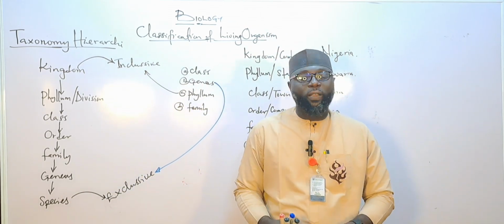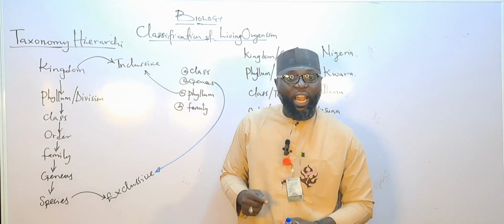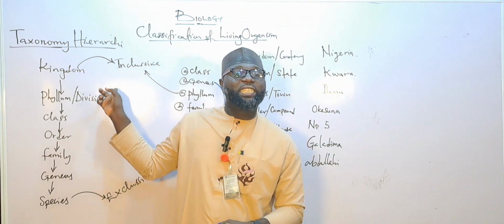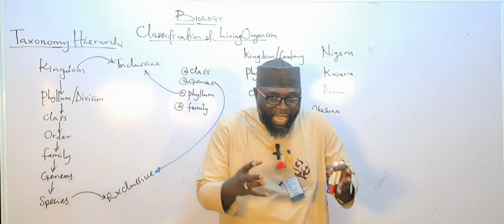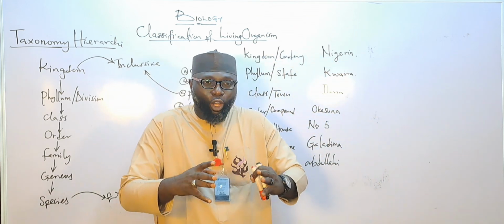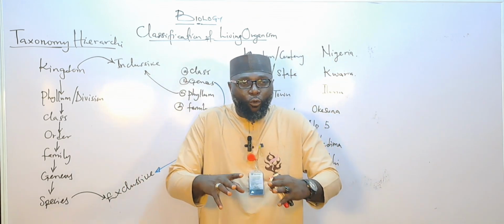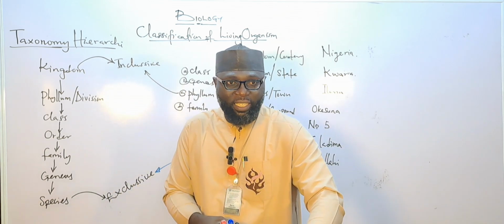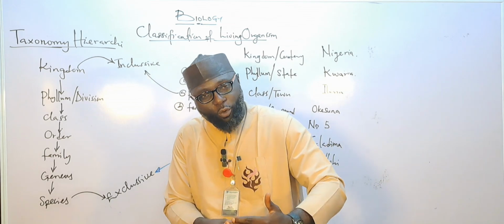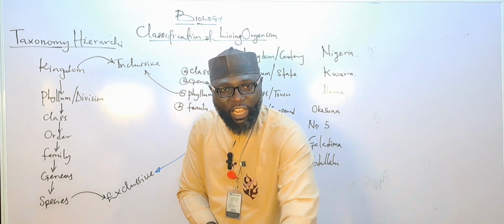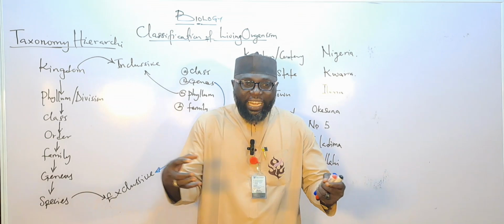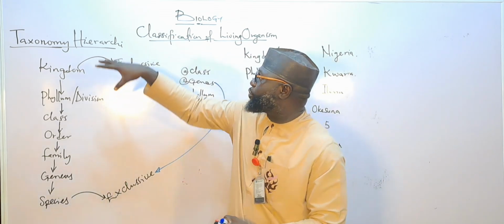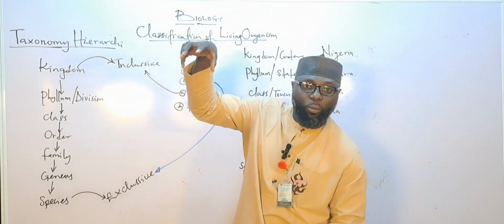Carolus Linnaeus also talked about another thing, systematics. Systematics is the study of animal diversity, the study of division of all living organisms and the evolutionary relationship between them.